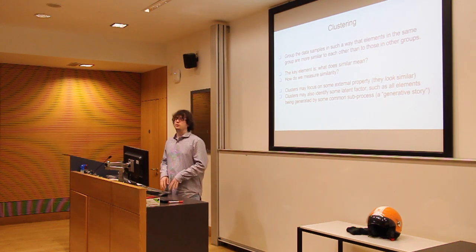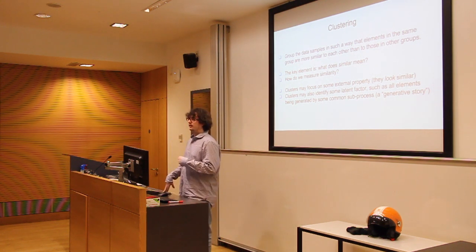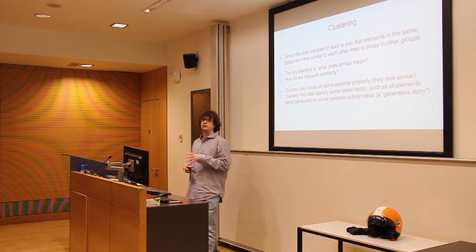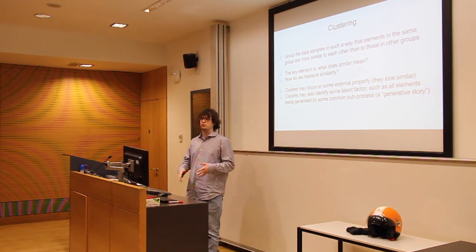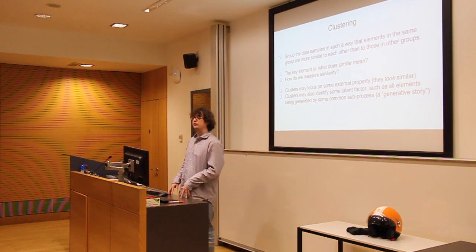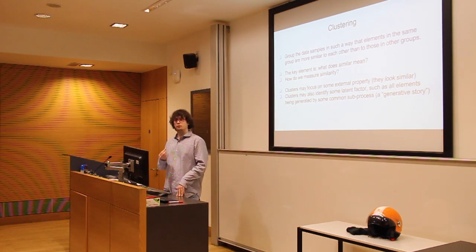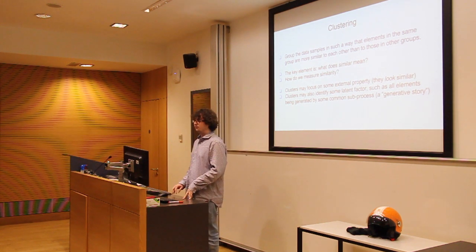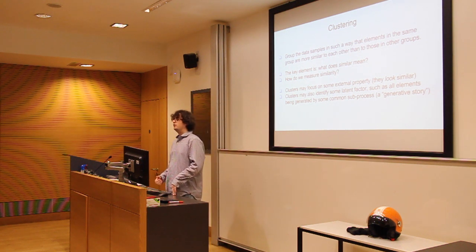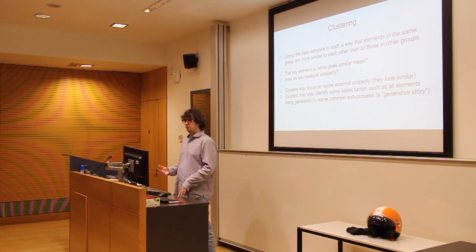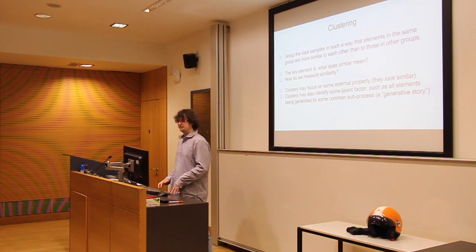So a bit like in supervised learning, again, there is not a single algorithm which is the best clustering algorithm which you can use every time. You need to understand for each algorithm what it is actually doing, what is the type of similarity it is looking for, because then you can apply it in the kind of domain which is more suitable for that specific algorithm.